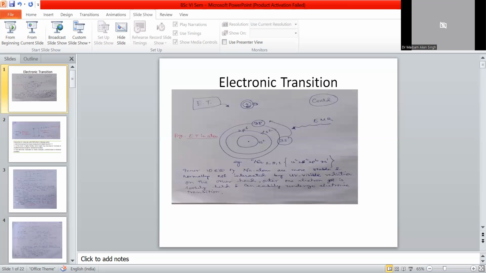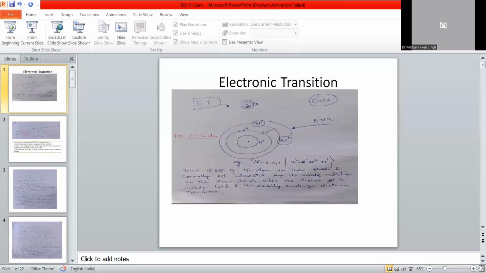But among them, I have shown only 4 transitions, which are possible out of 6. Due to some clip, I missed it, but I want to repeat so that you can write.